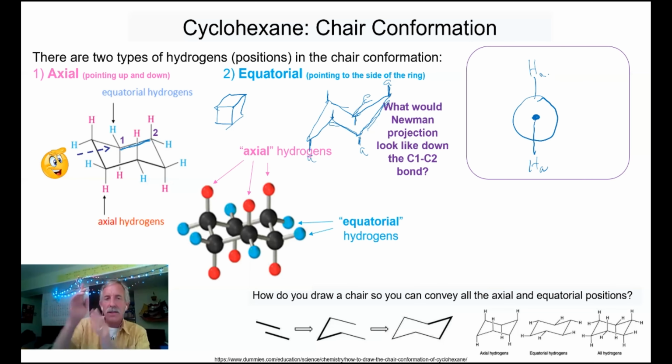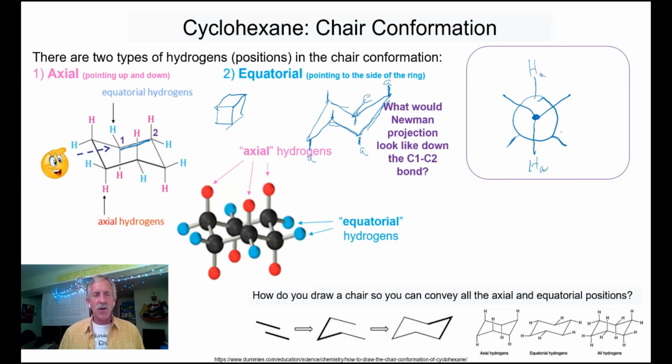But down a bond, there'll always be an axial up, one down, one up, one down in one way or another. Now comes the tricky part: 3D visualization a little bit. Here we go. When I'm looking down the 1-2 bond, I know that the rest of my bonds on my chest have to be in a tetrahedral geometry, and I know the rest of the bonds on my butt of the cat have to be in a tetrahedral geometry.